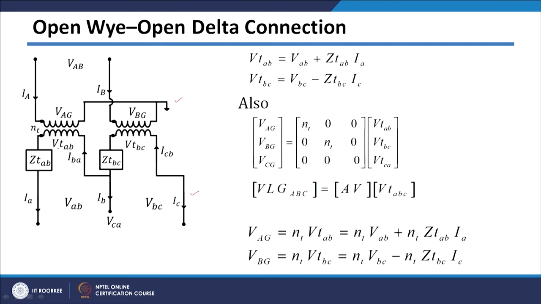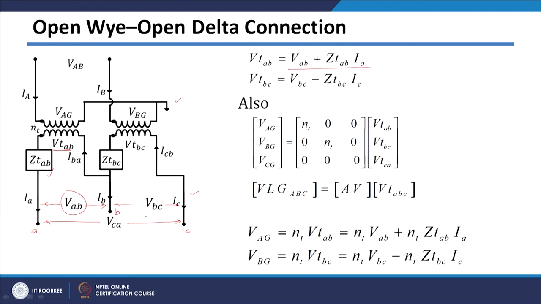Now, if you write the equation for this voltage, VTAB will be nothing but voltage VAB, which is between the A and B terminals, VBC is between the B and C terminals, and VCA is between the C and A terminals. So this is basically small a terminal, small b and small c. So VTAB will be nothing but this voltage plus the voltage drop across this. So basically it will be given by this equation where the current is IA.